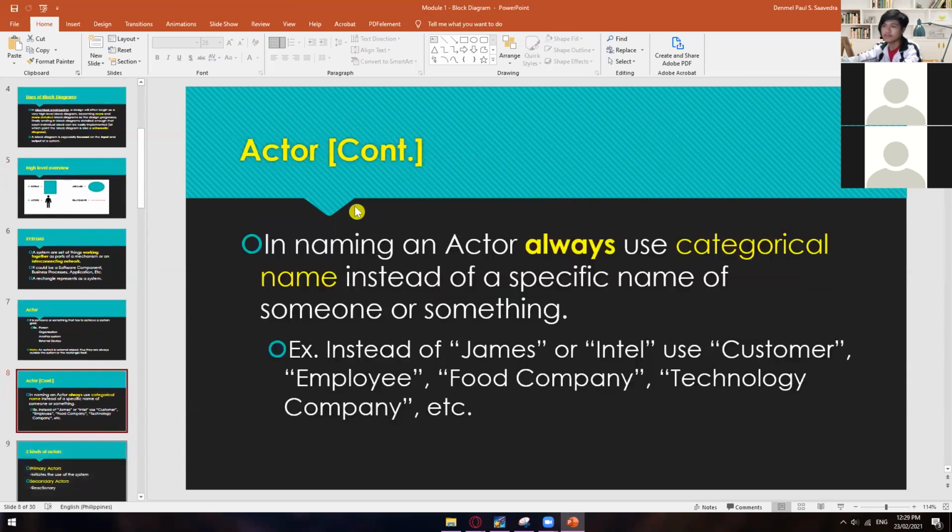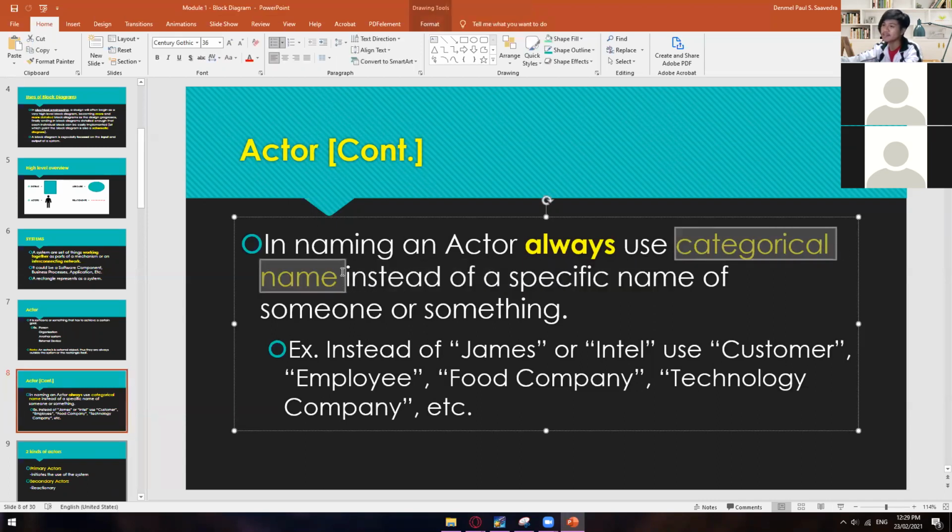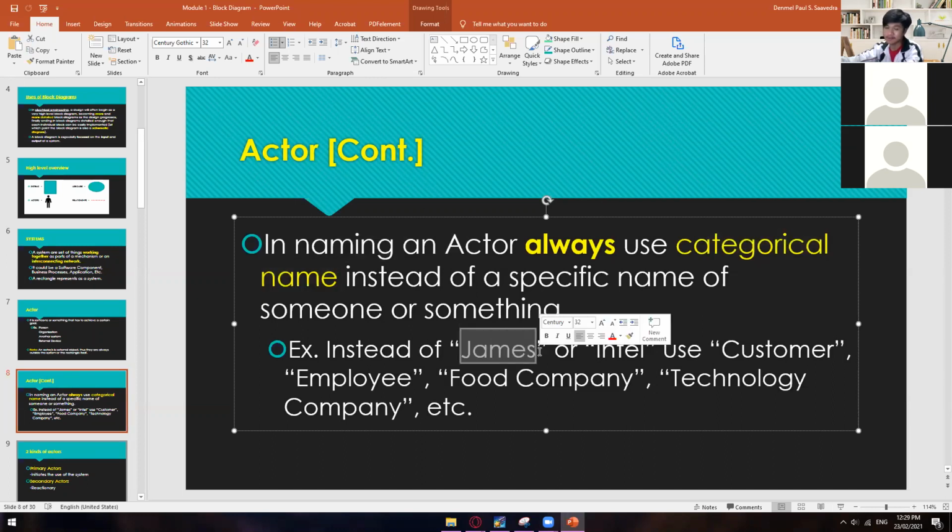In naming an actor, always use a categorical name. When we say categorical, it means a general name. So instead of saying James, which is just the name of one person, why not use the word customer? Instead of using the word Intel, which is very specific, why not use technology company? Or an employee, or a food company.